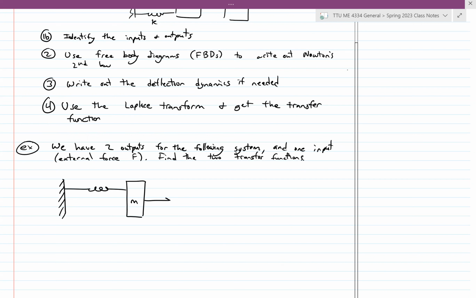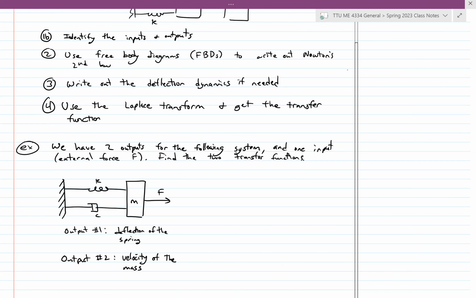That mass has a force acting on it, F. This is K. And let's add in our damper for good measure, C. I'm also going to say that output number 1 for our first transfer function is the deflection of the spring, and output number 2 is the velocity of the mass. Okay?